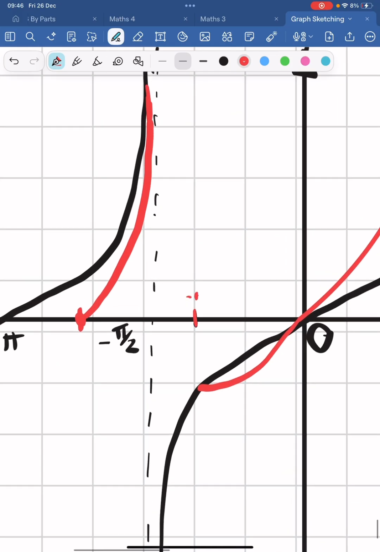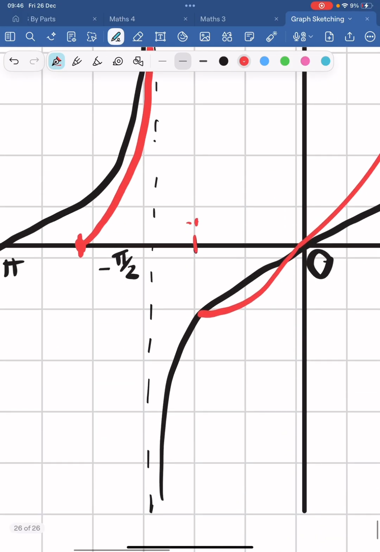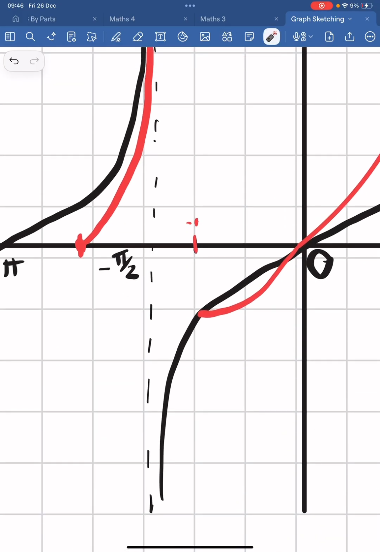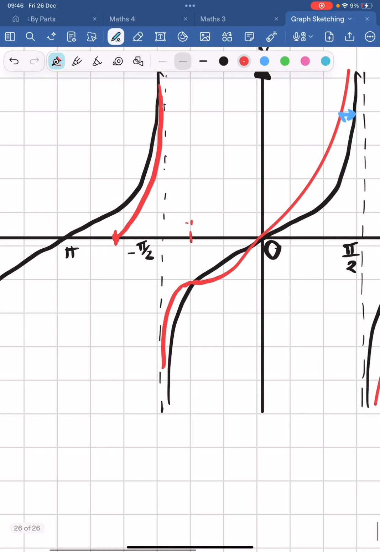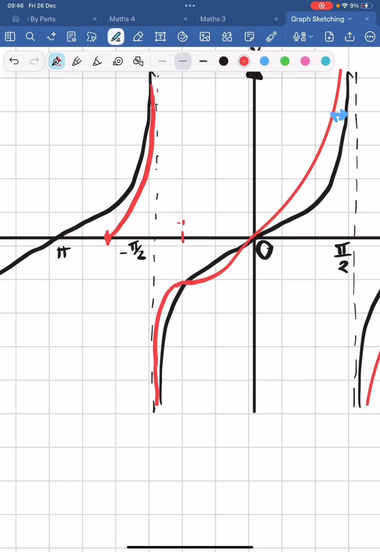So essentially our tan x graph is getting smaller. So instead of continuing this direction, we move closer to the asymptote like such. Should be more of a smooth curve. And yeah, this just drags on to infinity.